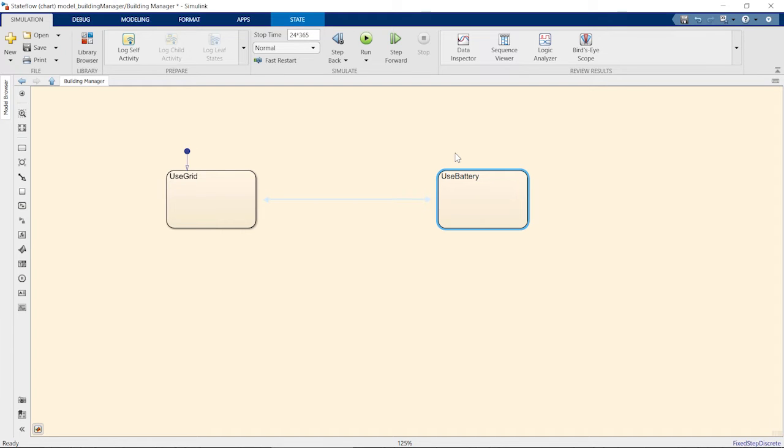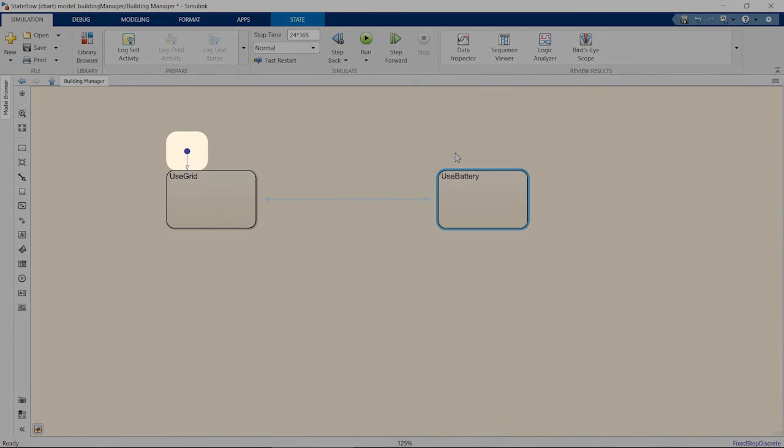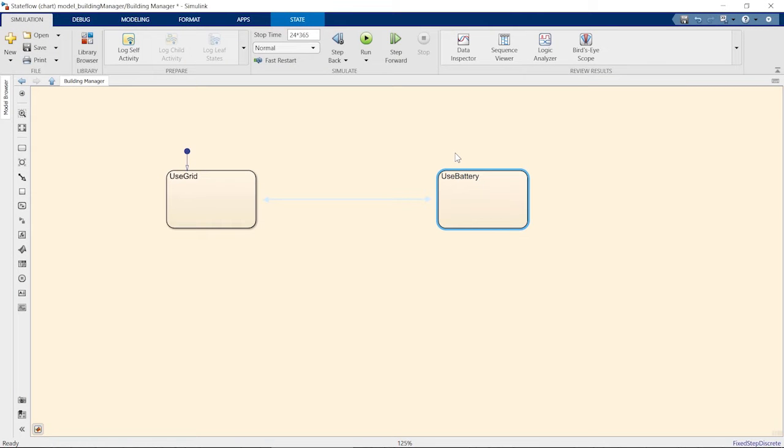We'll start out by drawing power from the grid, so the default transition will go into the Use Grid state. After we've collected some solar energy in the battery, we should then consider switching to the Use Battery state. So we'll allow transitions between the Use Grid and the Use Battery states by connecting them. In Stateflow, we can use square brackets to specify a condition and curly braces to specify an action.